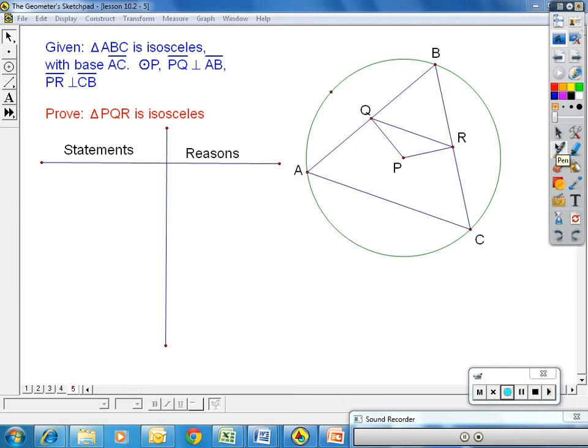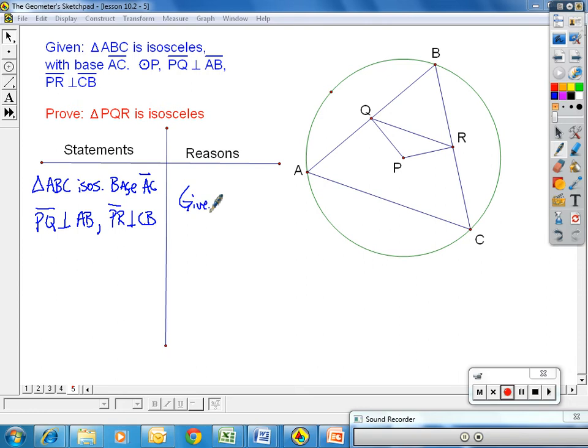I think some of you are already well on your way to thinking through it. Start with our givens. We've got triangle ABC is isosceles with base AC. We've got PQ perpendicular to AB and PR perpendicular to CB.